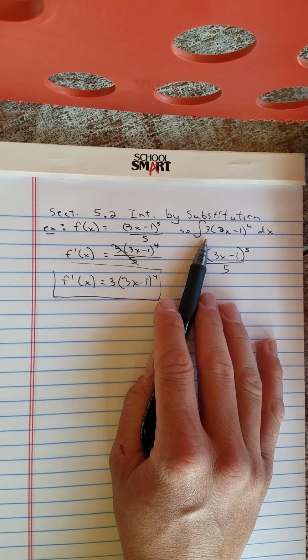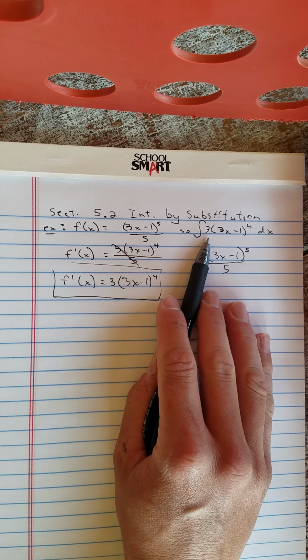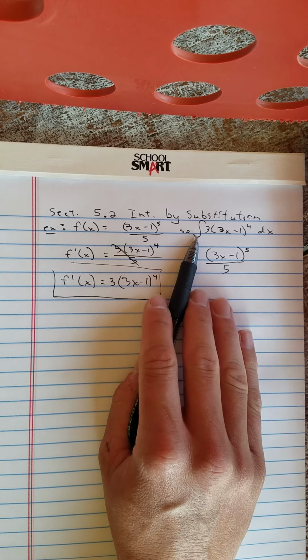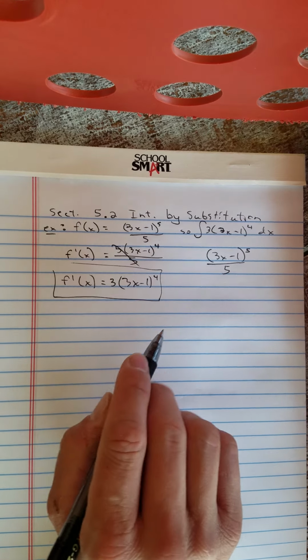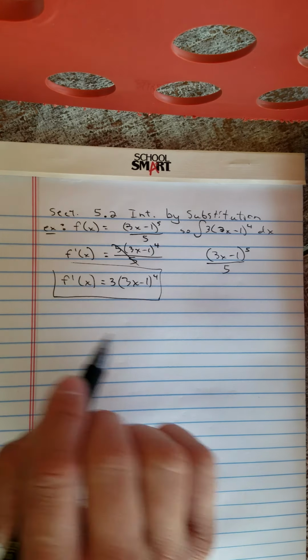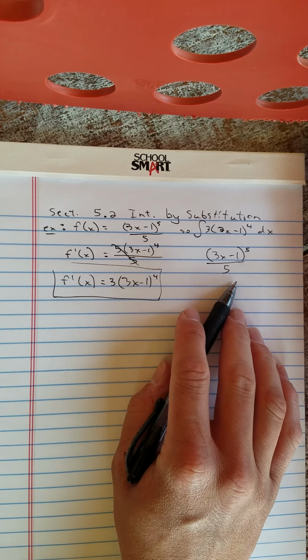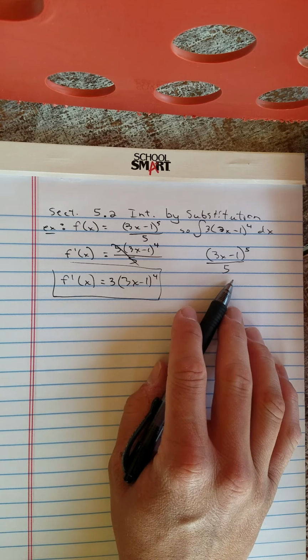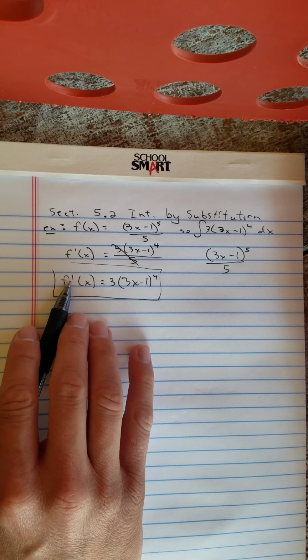The problems I'm going to give you have to be very specific in their setup. You have to have a function and its derivative both together in the integral in order to do that basic rule. Now, the substitution, I'll explain exactly where that comes from. The one other thing I do want to mention is this. Remember, this is the derivative, this is the original function. The symbol we use for finding a derivative is this prime symbol.